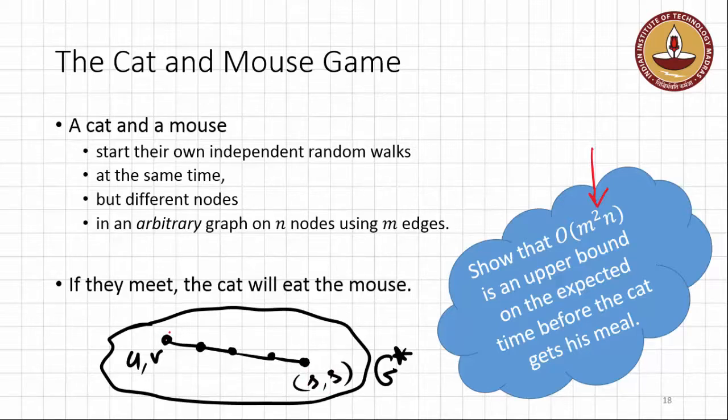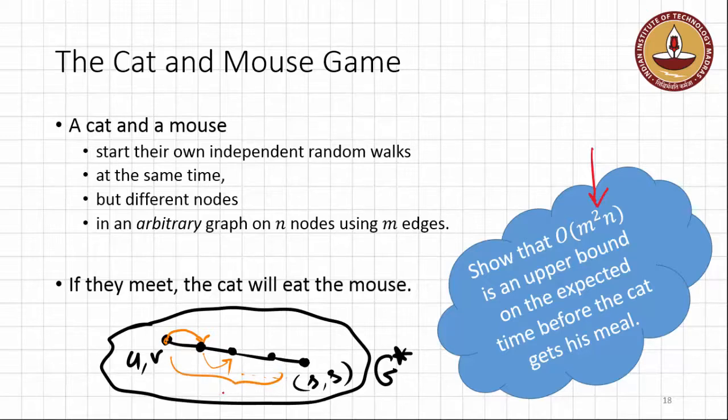We know the expected time to go from one vertex to the next on this path when you're doing a random walk, and you can add them all up.